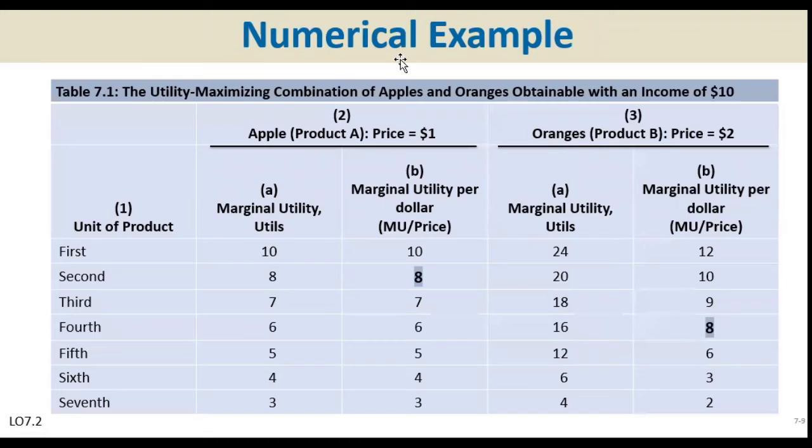Now let's see a numerical example of the concept. Here it is assumed that the amount of marginal utility received from an additional unit of each of these two products, in this example apples and oranges, is independent of the quantity of the other product.